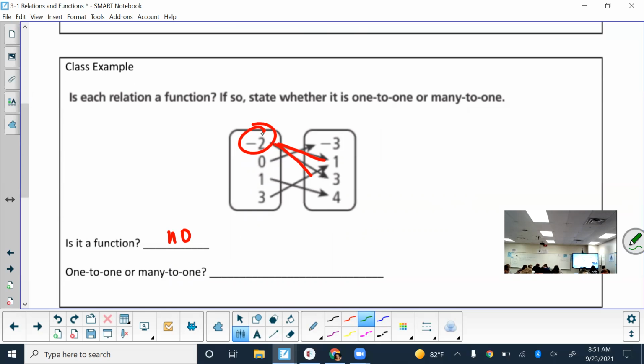Actually, what tells you that it's many-to-one is that there are multiple numbers pointing to the same number. Does that make sense? So that's why it is many-to-one.